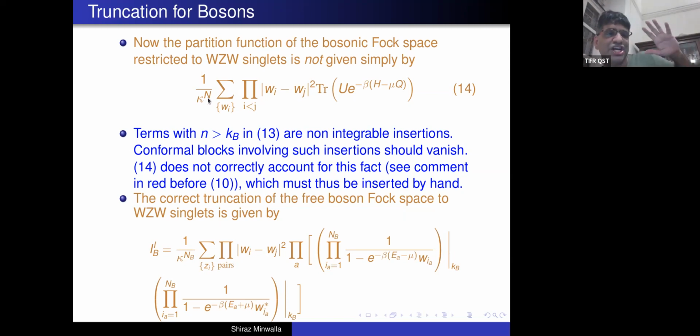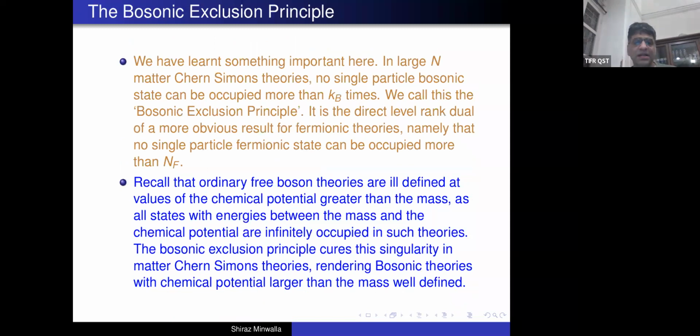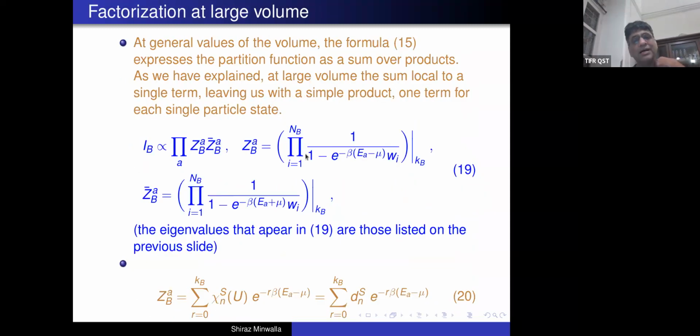In this large volume limit, that summation goes away. It's dominated by one term. And so now the partition function here is just a product over partition functions, one associated with each single particle state. But as I've already reviewed in this talk, a partition function which is a product over partition functions, one associated with every single particle state, is typically the partition function one associates with a free theory.